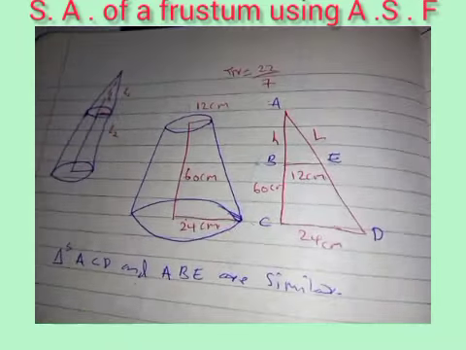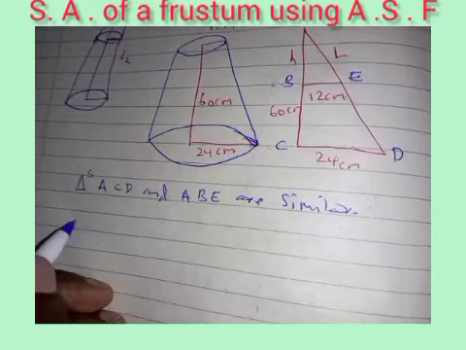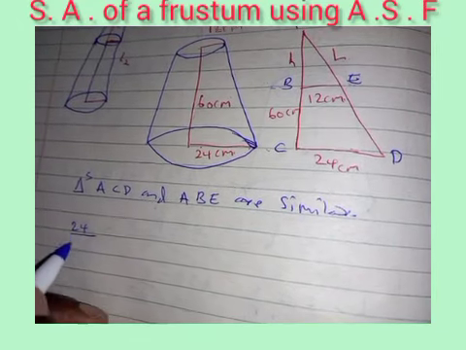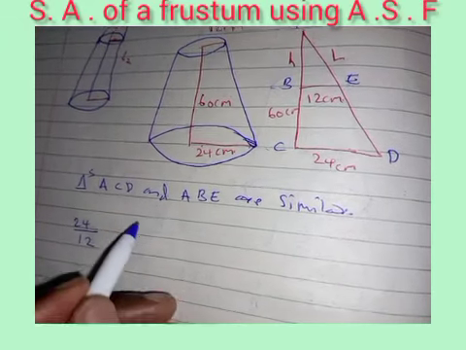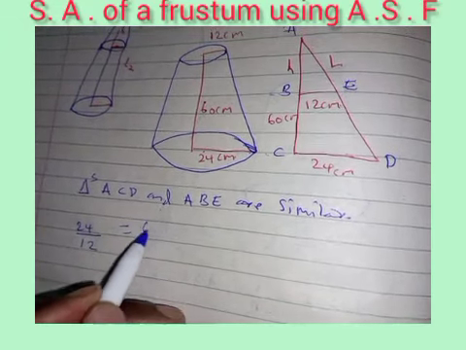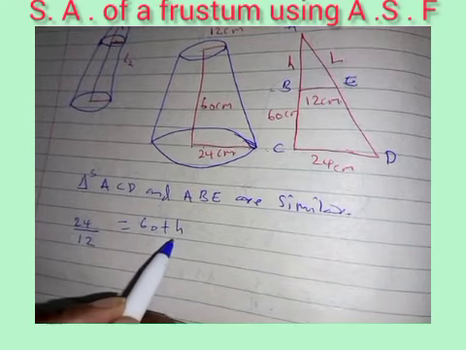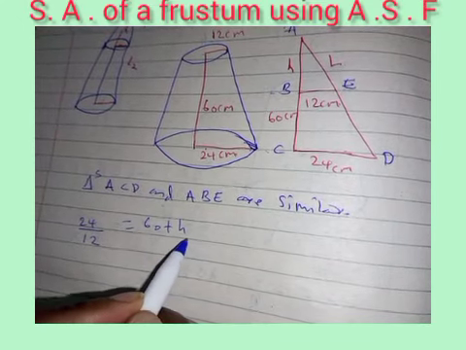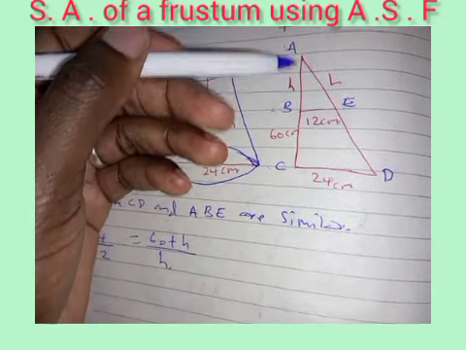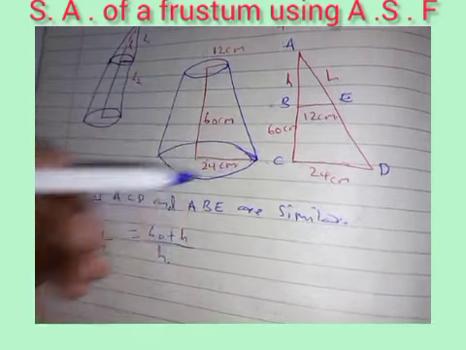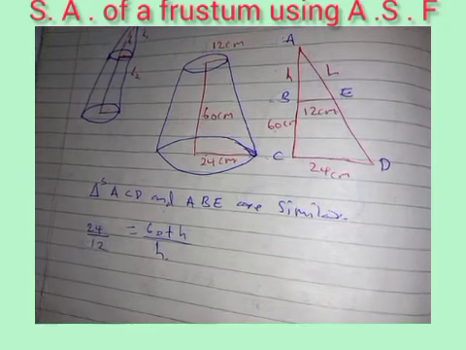So from similarity, we are going to compare 24/12, comparing the radius. Then we compare the height. We have 60 plus h divided by h. The height of this bigger triangle is h plus 60. The height of the smaller one is h.